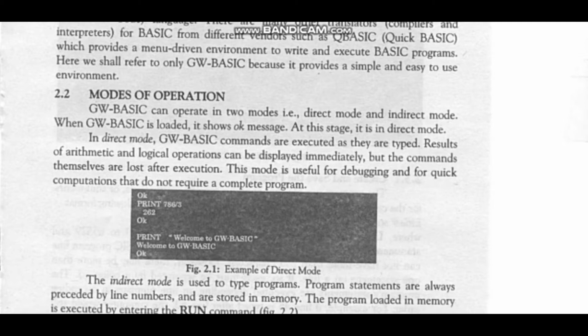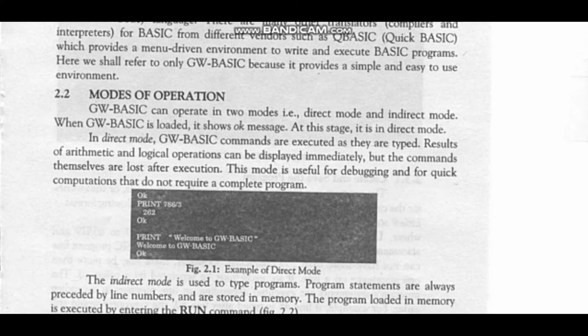The result of each command appears immediately and the OK message appears again. Direct mode is useful to check the working of different commands and see the expected result. It is not used to write a complete program. Okay students, one example is CLS, clear screen, and so on, other hello words.